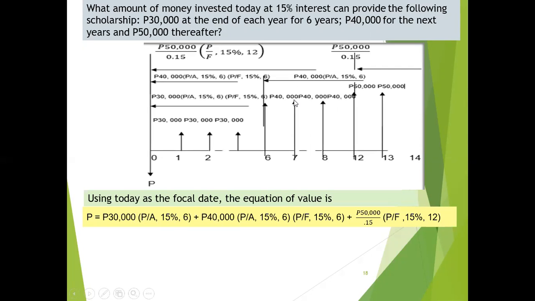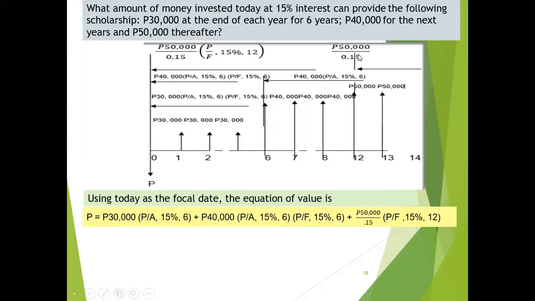So here, the present value of your 40,000 is simply a case of deferred annuity. Using the compound interest formula, we can determine the present value of your 40,000 using today as the focal date.